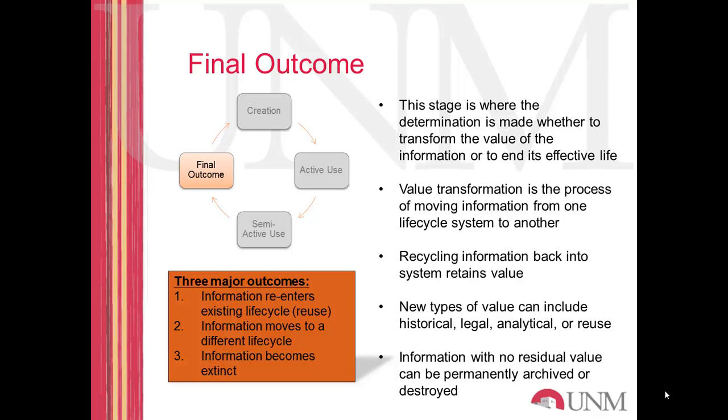And there's legal requirements to keep information for a certain period of time. And it may just want to keep the information for intrinsic reasons, to be able to document the company's history.